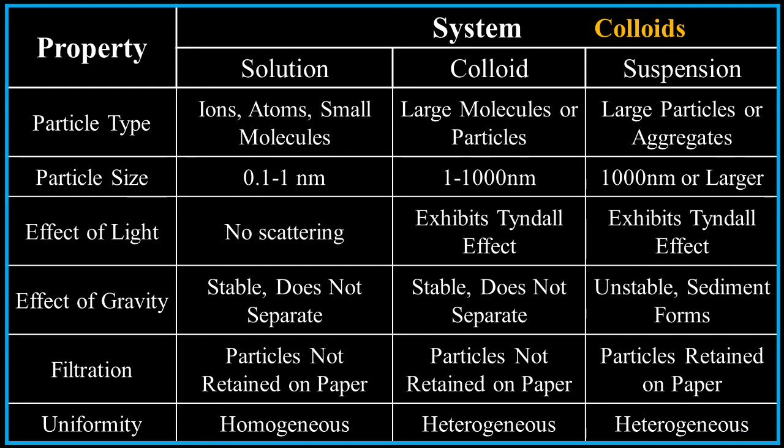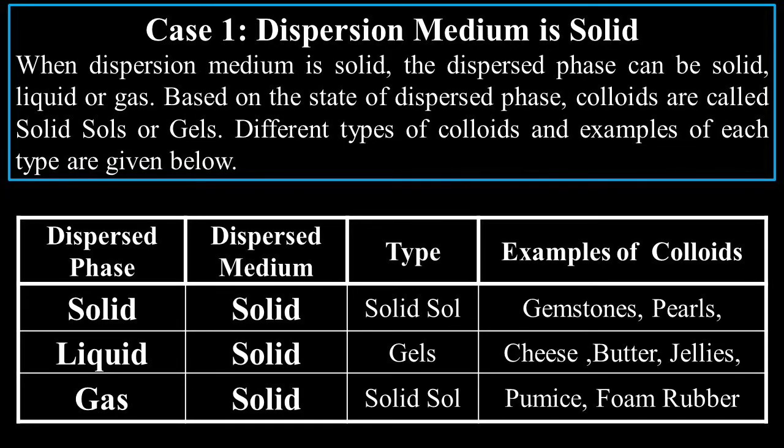Now, you're going to have scattering, no scattering, Tyndall effect, effect of gravity, filtration, uniformity, particle size. It would be a very good idea to commit to memory as much of this table as you can. It summarizes so much of the work that we've been doing in chapter 15. Now let's review specifically colloids for a while.